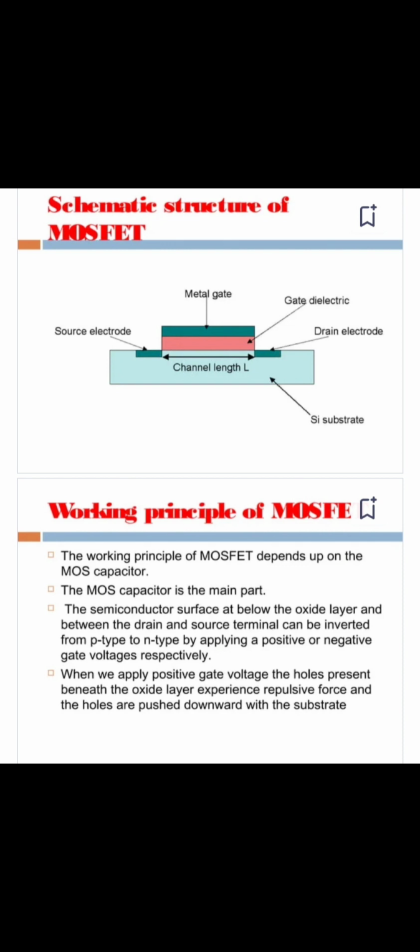This dielectric is the silicon dioxide which helps in acting as a capacitor. So here the metal gate, the channel width and the dielectric, the silicon dioxide layer, act as a capacitor, so that MOSFET operation depends on the capacitor action.